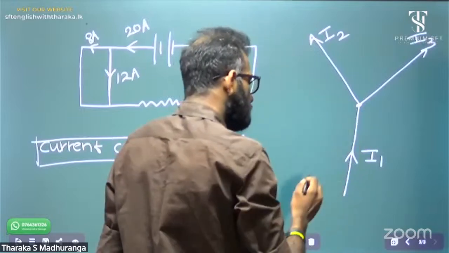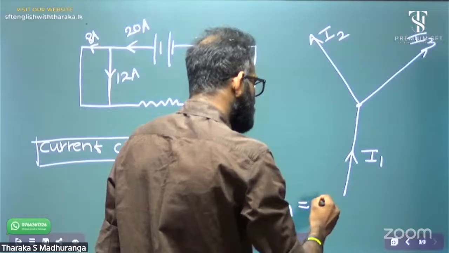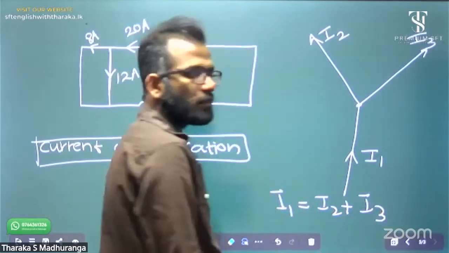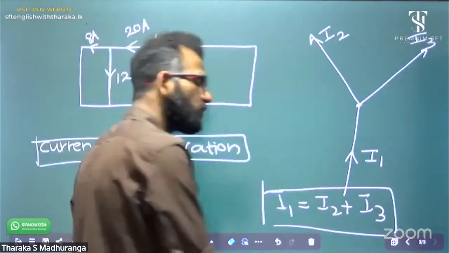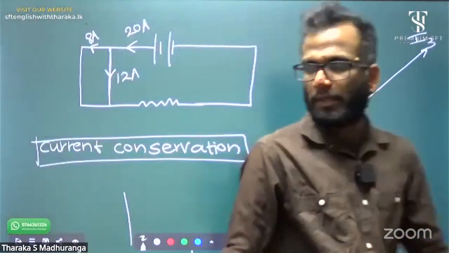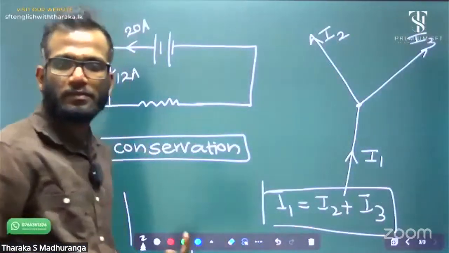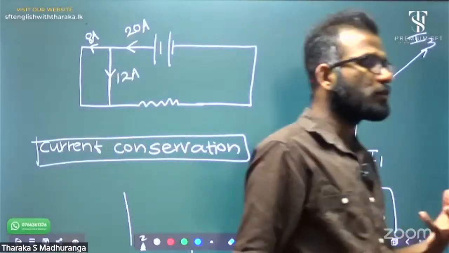According to Kirchhoff's first law, I1 always equals I2 plus I3. That is Kirchhoff's first law. It explains electric current conservation. Electric current cannot be created or destroyed. It is equal to leaving out. Understood? It is very simple. Kirchhoff's first law.